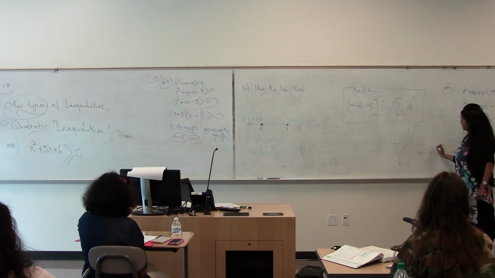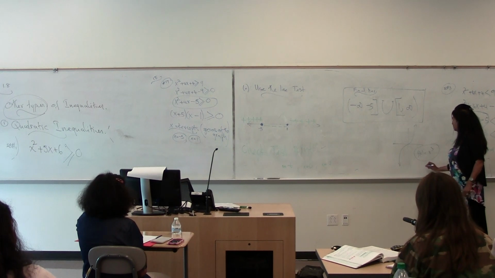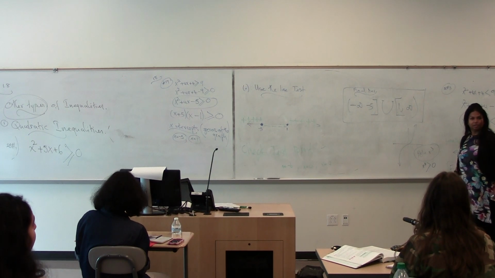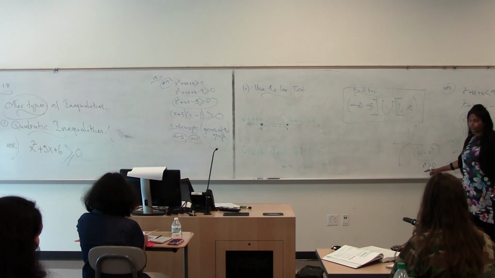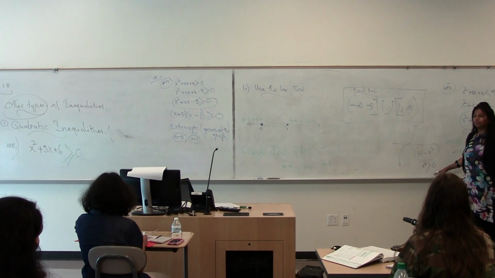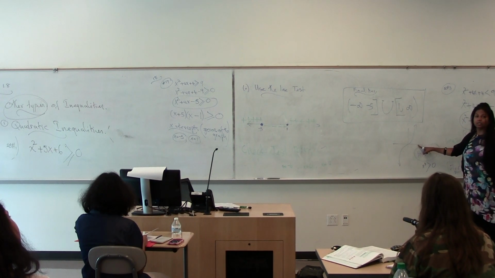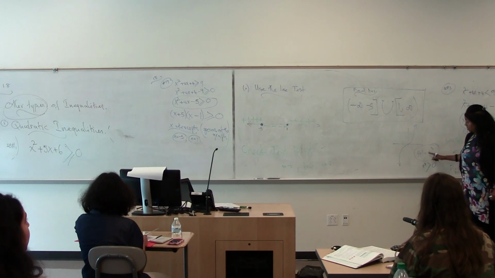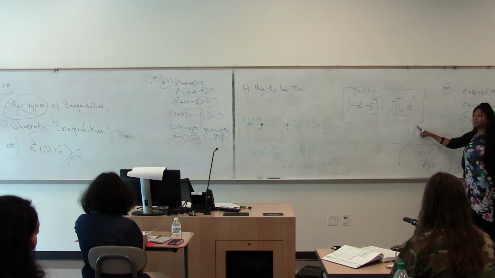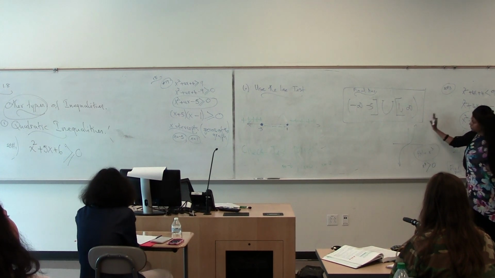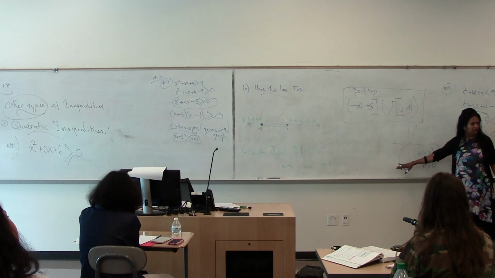If we create the inequality on this and I say x to the power 3 greater than 0, right? What's the answer to this? What are the x values where this graph is greater than 0? Starting from 0 to infinity. But we are going to do this type of graph later.